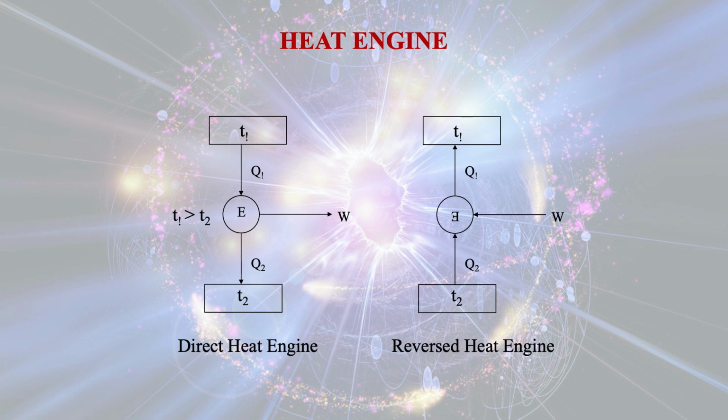So if we want to transfer heat Q2 from the low temperature reservoir to a high temperature reservoir, we have to do some work, that is W is work input to the system. That is the purpose for this, and that is all about the reverse heat engine.